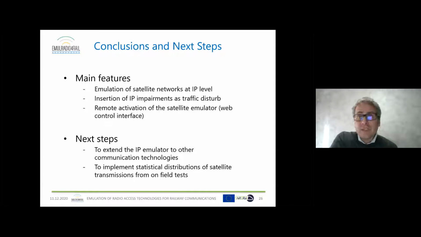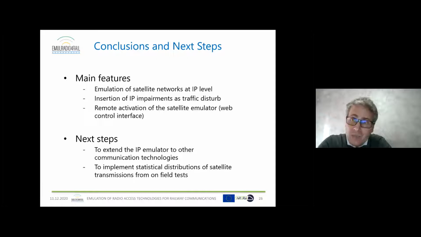About the conclusions and next steps, we can see that the emulation of the satellite networks of our emulator is provided at IP level. We are able to insert the IP impairments as traffic disturbances, and we can also provide a remote activation of the satellite emulator using the web control interface.